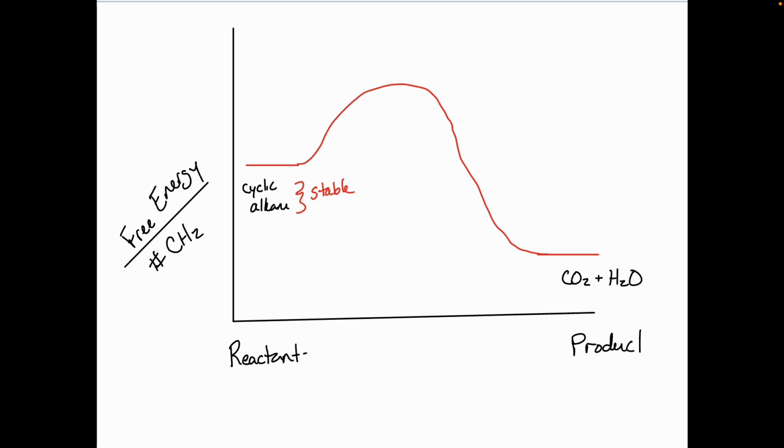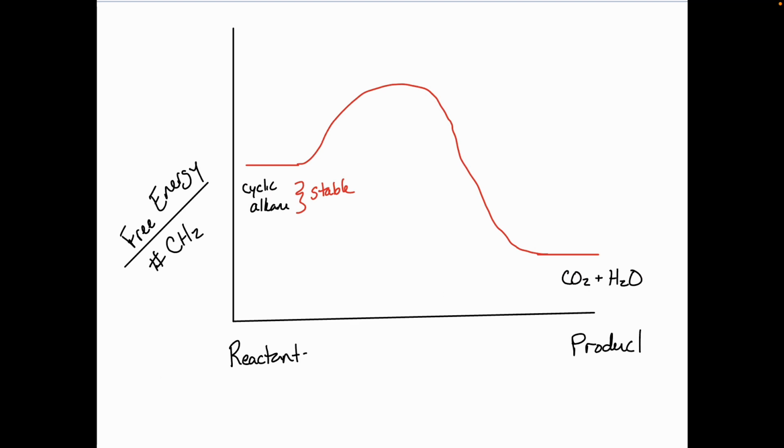If I were to look at an unstable cyclic alkane, where would we expect the energy of our reactants to start off? Higher or lower than our stable cyclic alkane? If you're unstable, right? Do we like low energy or high energy? No, we like low energy. Low energy is nice and stable. High energy means bad. Okay? Low energy is when something's very, very stable.